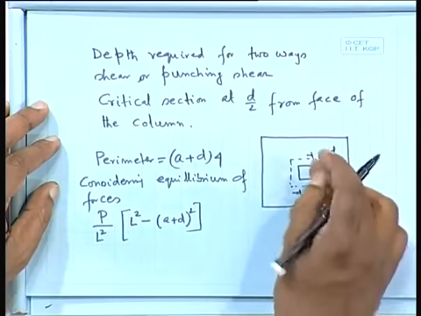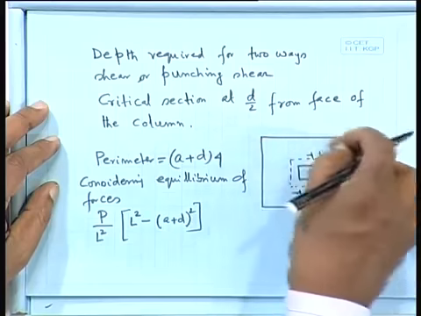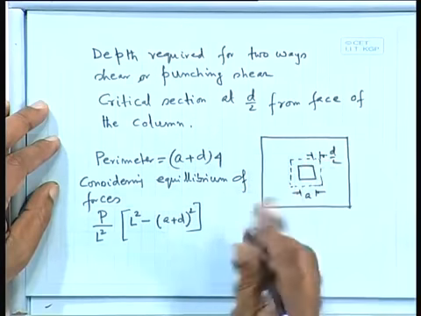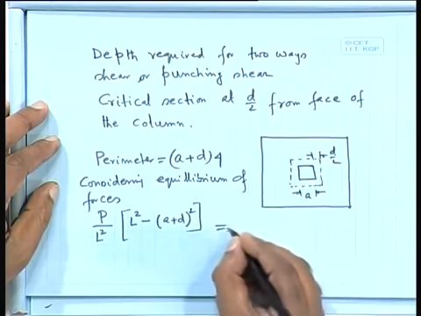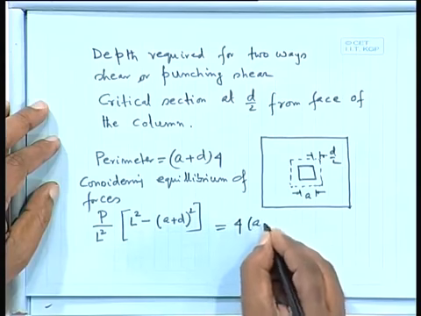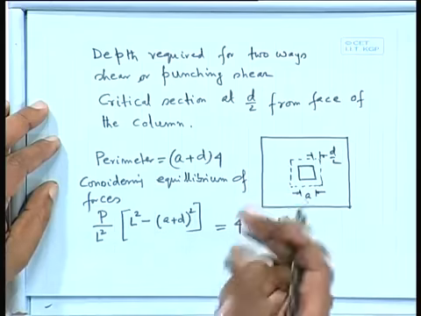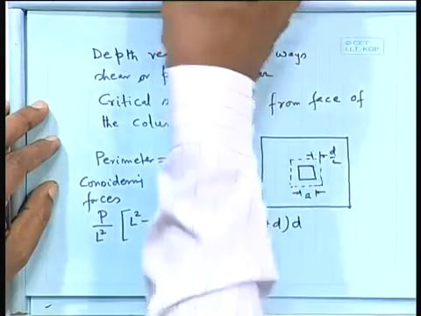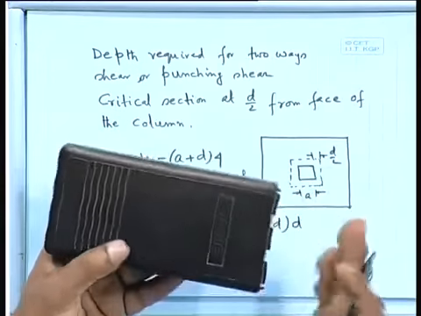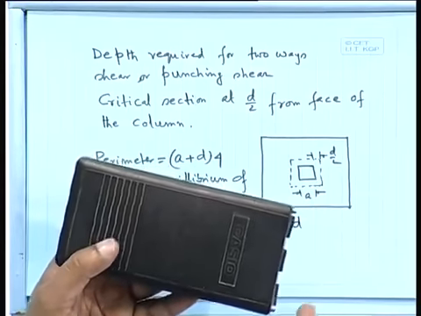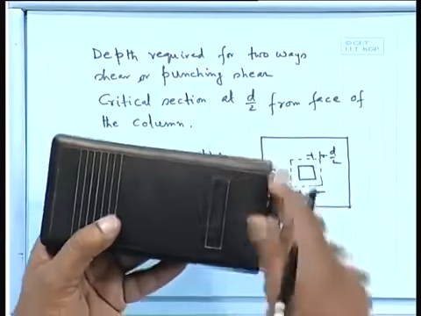We are taking this portion out, and it will be equal to 4 times (A plus D), that is the perimeter, times D. D is the effective depth, because whatever resists will resist this one.